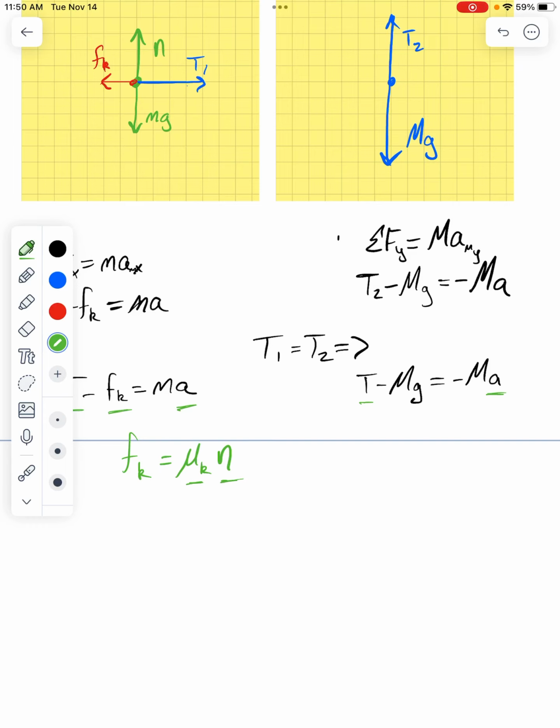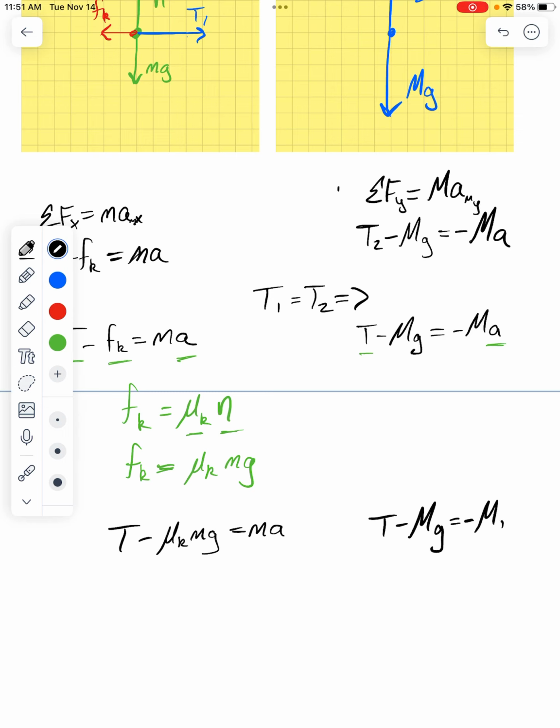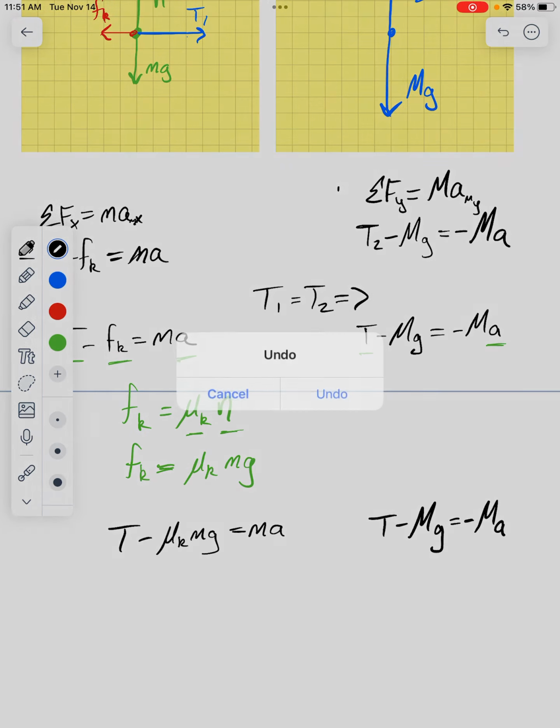This is the normal force that tells us how smushed together the object little m and the surface are. And so this is going to be equal to mu k mg in this case. And we can plug that in up there. And so we get T minus mu k mg is equal to ma. And then we have T minus big Mg is equal to negative big M A.